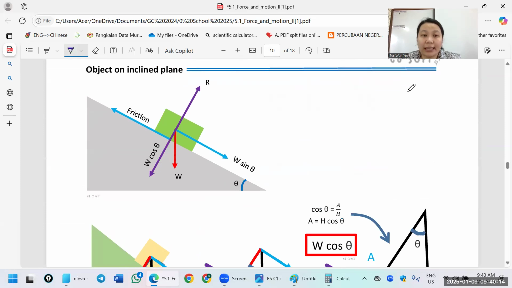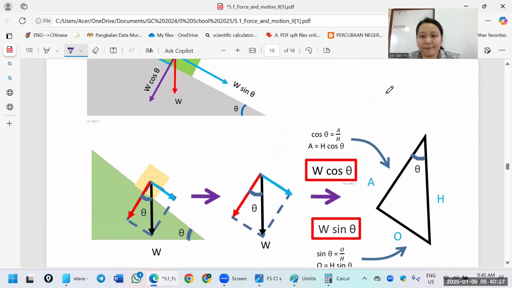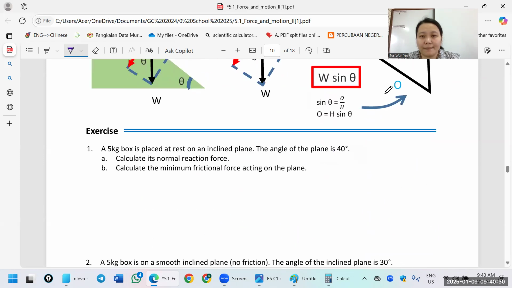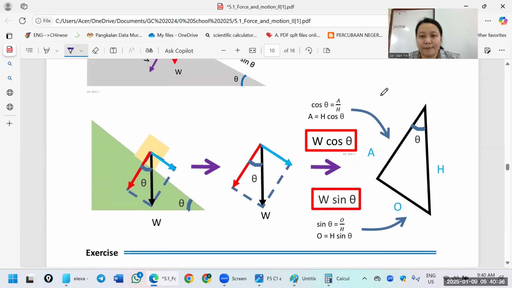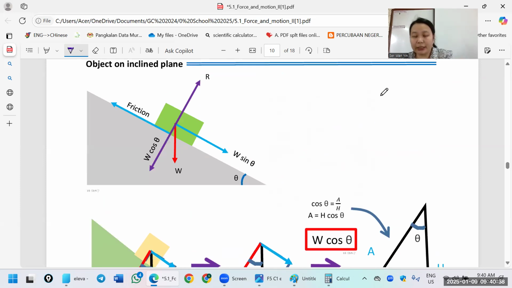Now, object on inclined plane. We can use an XY axis Cartesian plane to draw out the direction and the angle.